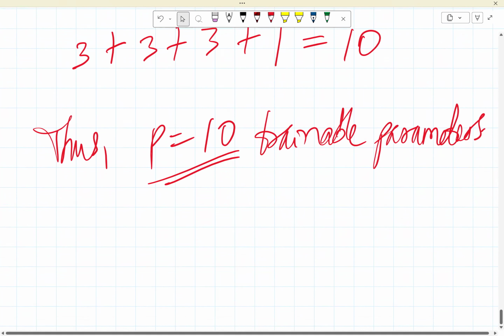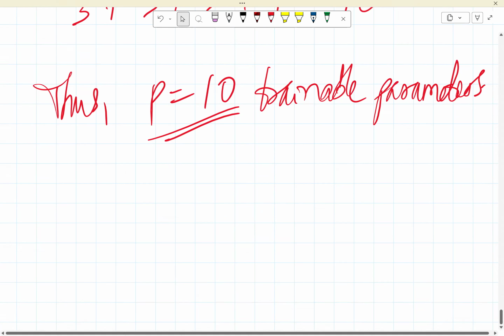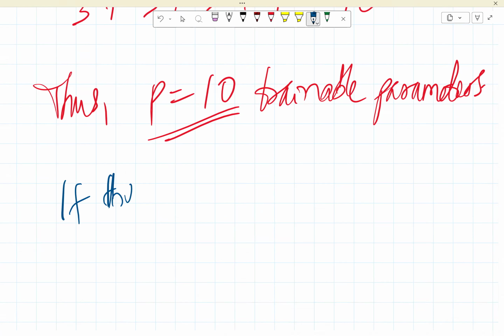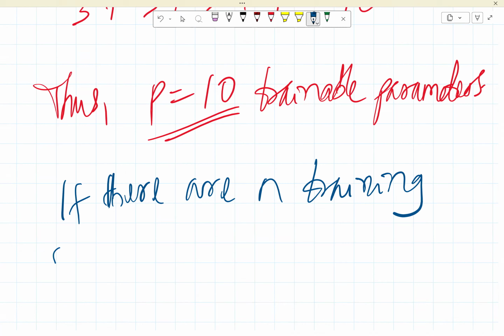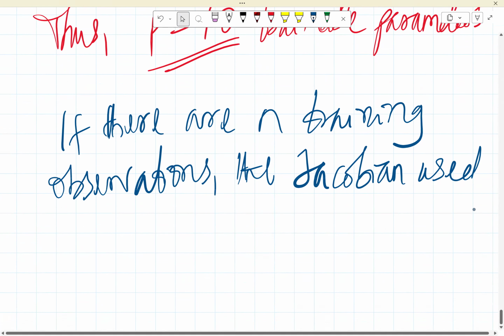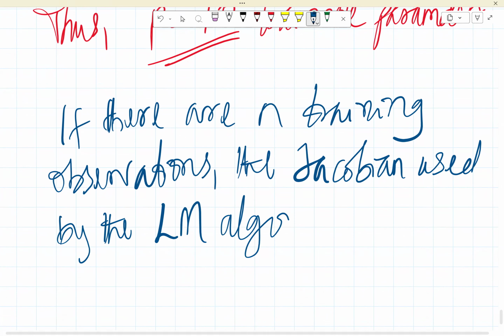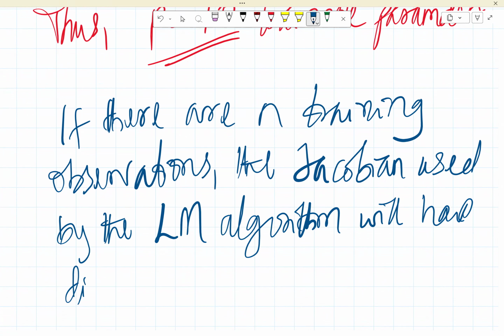So if there are n training observations, the Jacobian used by the Levenberg-Marquardt algorithm will have dimensions n by 10.